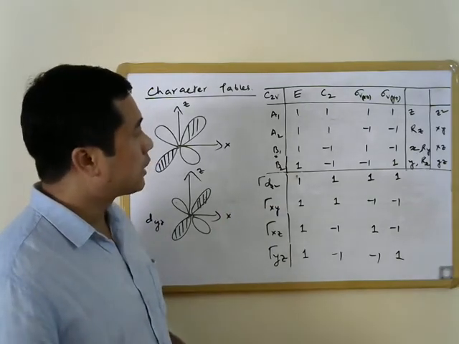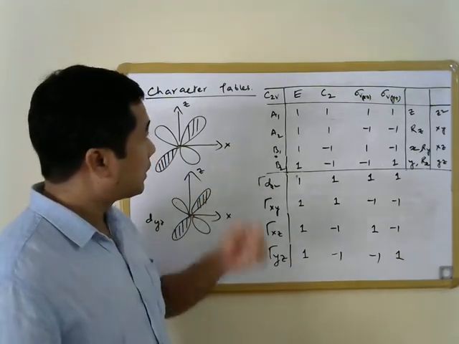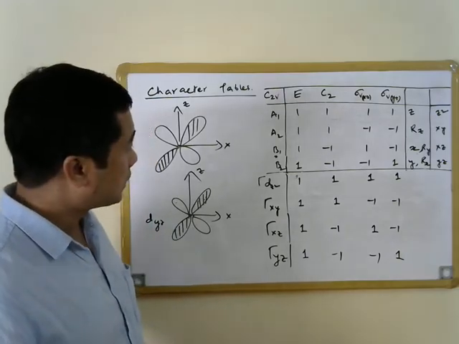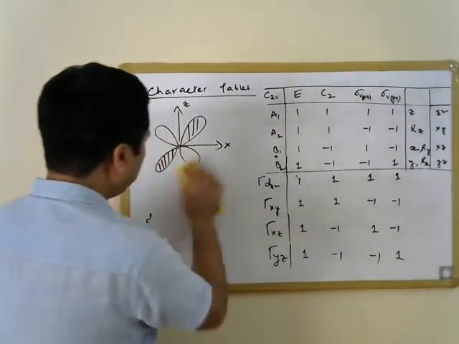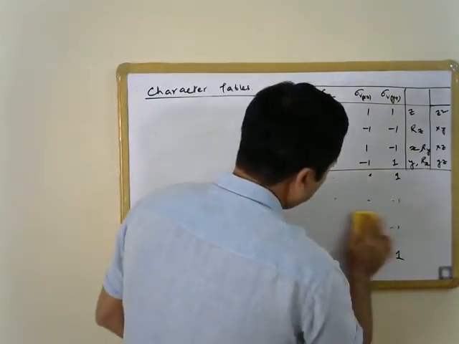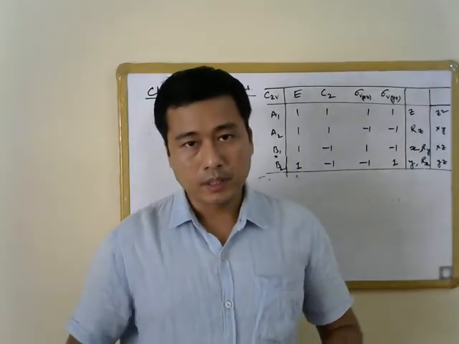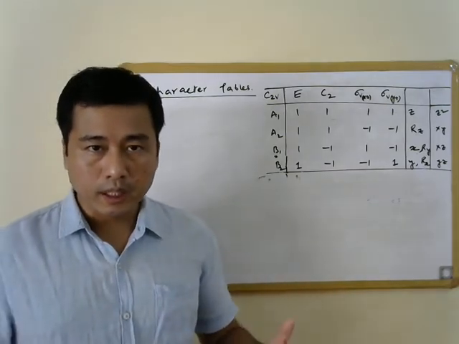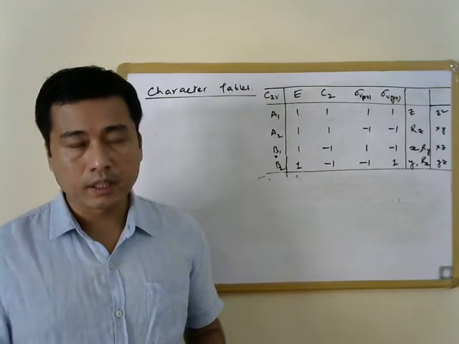So that is how we can find out how different quadratic functions transform as any particular irreducible representation. This essentially brings us to the end of this lecture. What we have learned during this lecture are the components, or the information, present within a character table. We have seen there are 5 different sections in a particular character table.